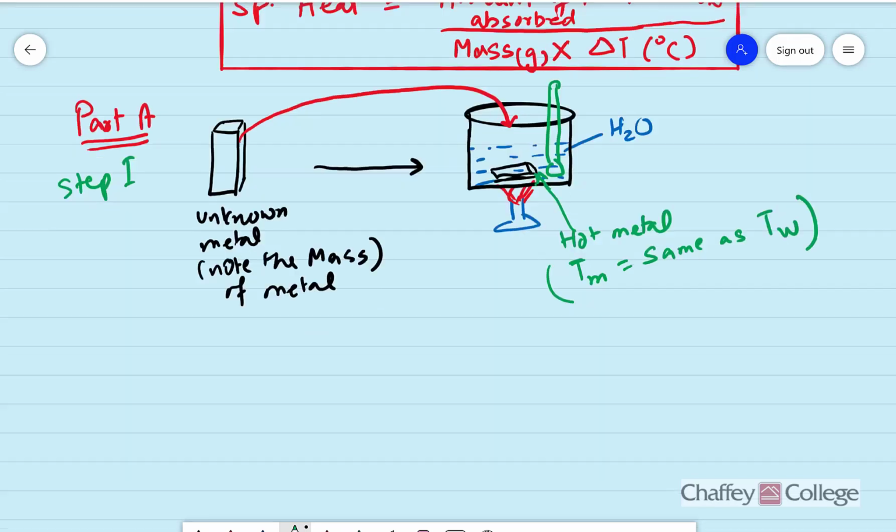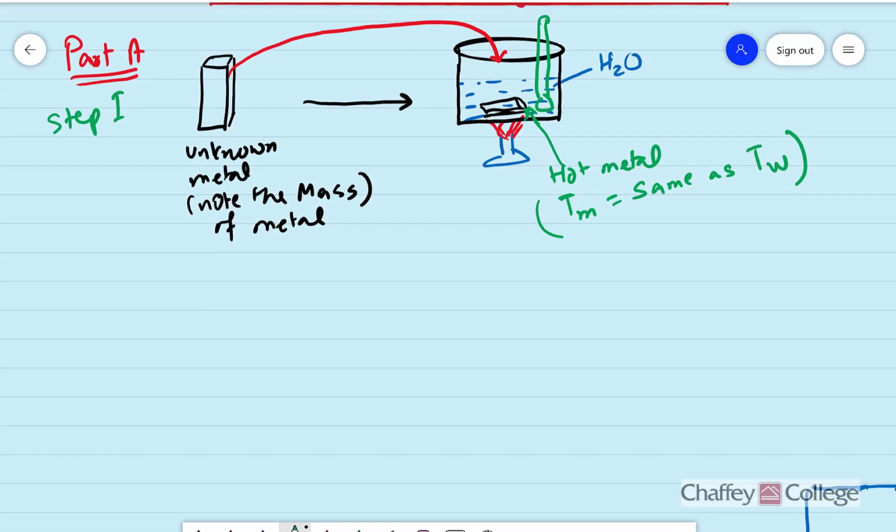That's it. In step number 2, we will make our own calorimeter. A calorimeter is just a device in which heat stays inside. So in this case, it's just a coffee cup, a styrofoam cup. It's an insulated cup, so the heat stays inside.